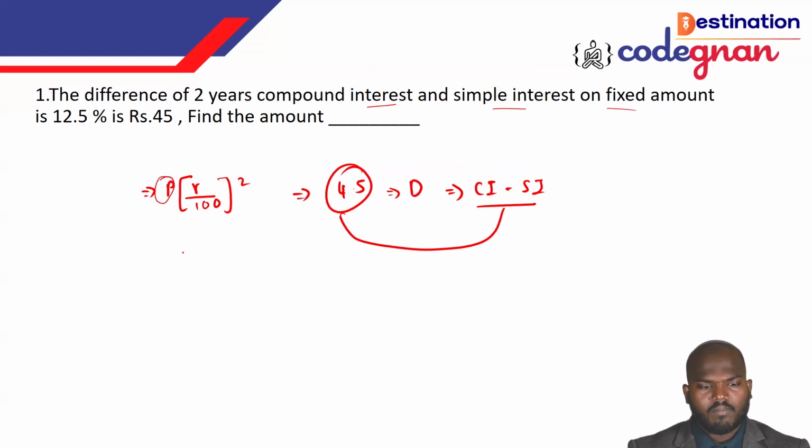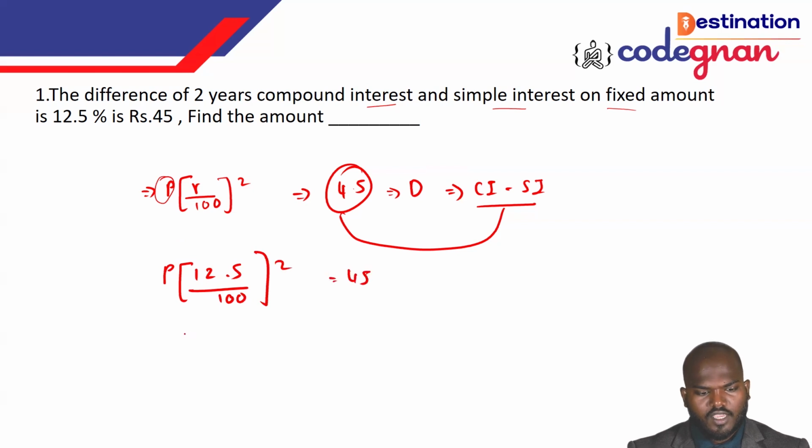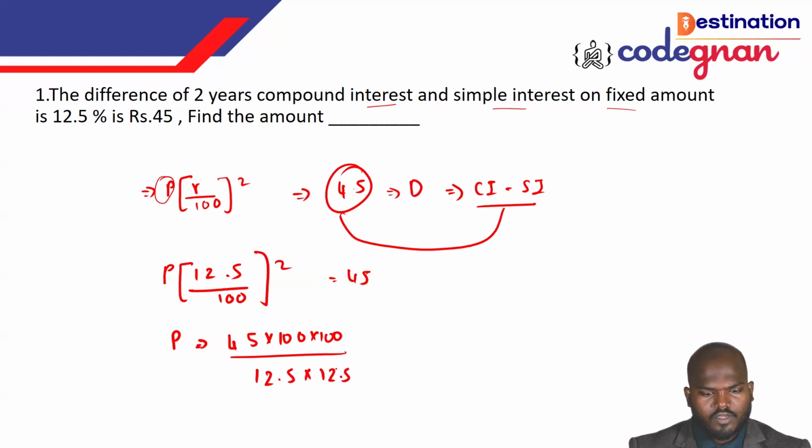Going onwards, I apply here R is equal to 12.5 percent. So P times (12.5 over 100) whole square is equal to 45. Then I can take it up: P is equal to 45 times 100 times 100 by 12.5 times 12.5.